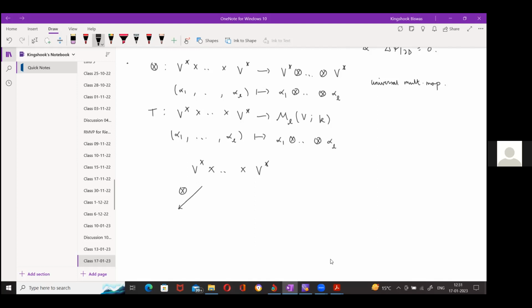One is the universal multilinear map to V star tensor itself L times. And the other is this map T to the space of L multilinear functions.